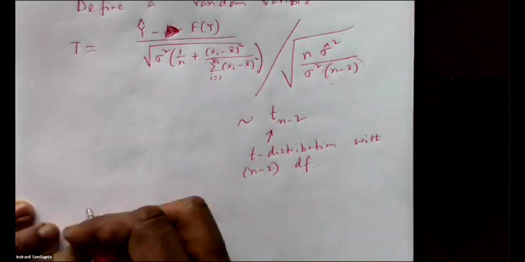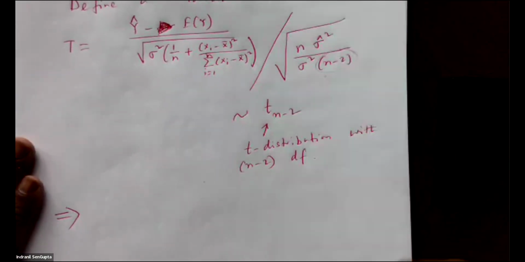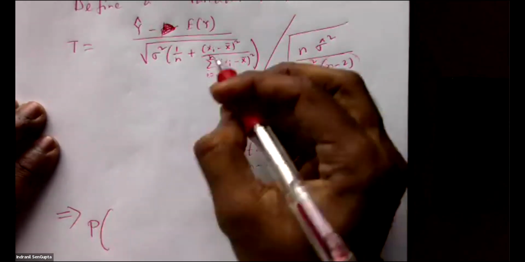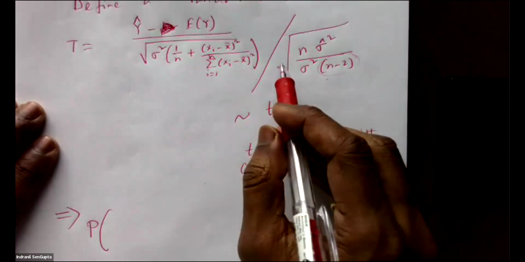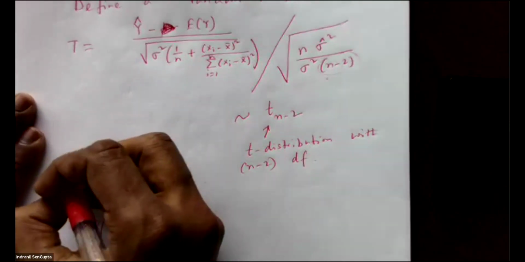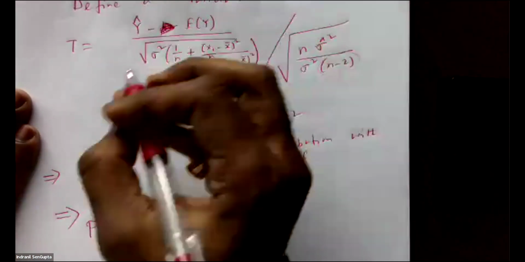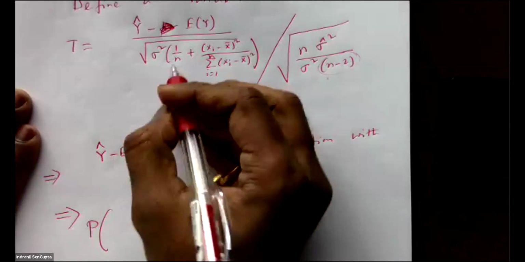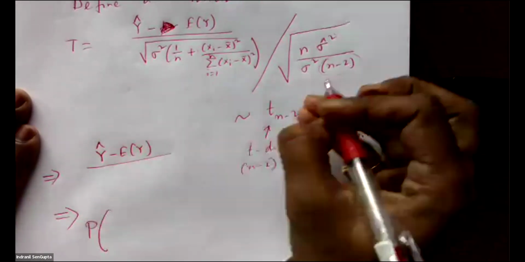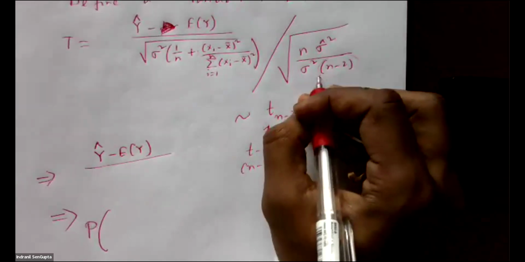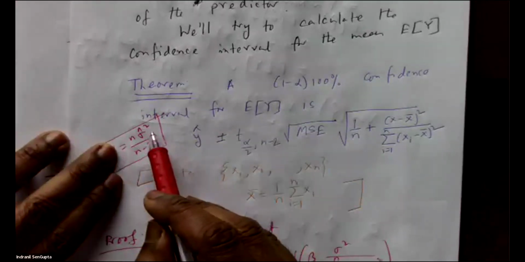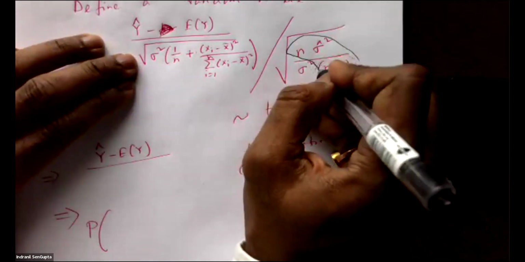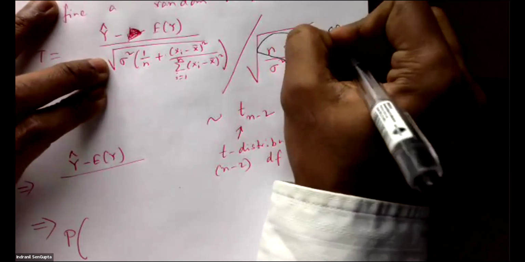Hence, from the standard computation of the t distribution, we can simplify this quantity a little bit. Let's put everything in the denominator. MSE is n sigma hat squared over n minus 2, so this is really the MSE.